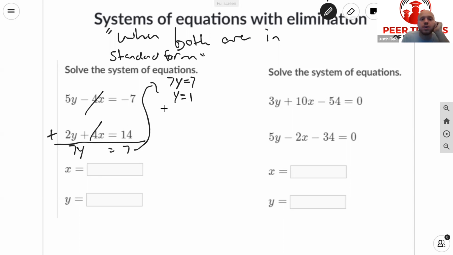All right, then we substitute that back into, I just picked the top equation. So 5 times 1 minus 4x equals negative 7. Okay, 5 minus 4x equals negative 7. And then I just solve the equation. So that's negative 12 equals negative 4x.